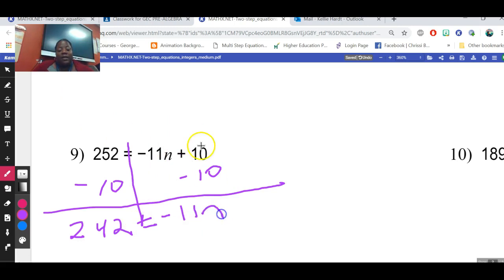Then 11, and that canceled out. So that means I'm going to divide 11 on both sides. Divide by negative 11.